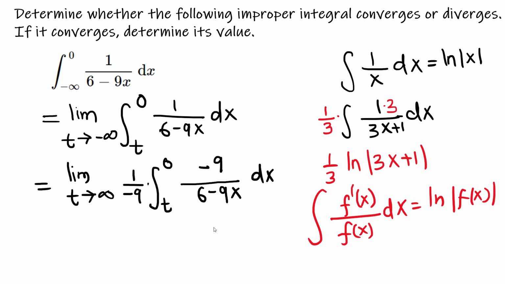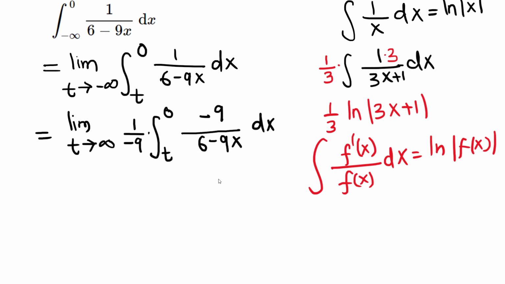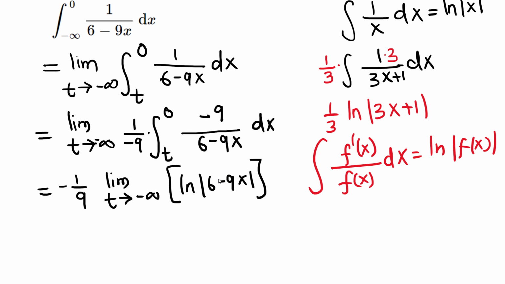The top is the derivative of the bottom. So I can pull 1 over negative 9, that is negative 1 over 9, all the way outside, with the limit as t goes to negative infinity of the antiderivative, which is natural log of the bottom, 6 minus 9x, evaluated from t to 0. Replace x by 0, then minus, replace x by t.